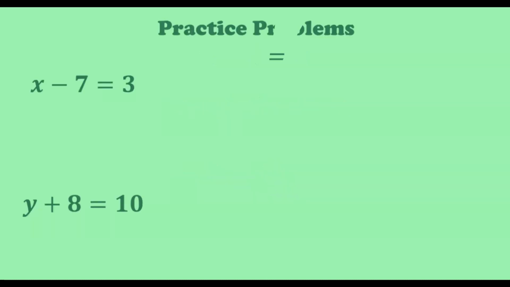Now let us have a look at a few practice problems to understand how to solve various types of one-step equations. In the first equation, we have x minus 7 is equal to 3. So along with the x, we have a negative 7. How do we eliminate that? We can eliminate it by adding 7 to both sides of the equation.